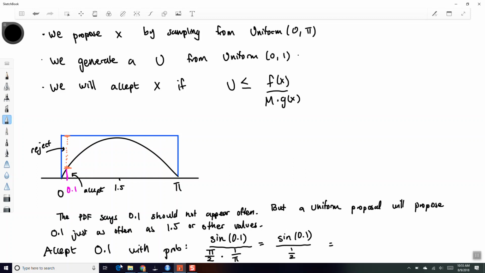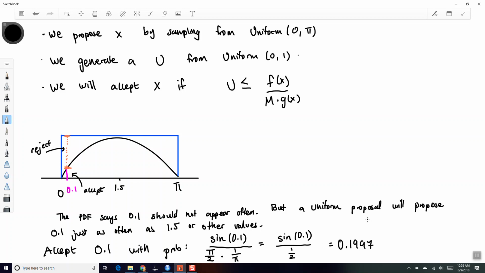Okay? So according to my calculator, in radians mode, sine of 0.1, we would accept this with a probability of about 20%, 19.97.